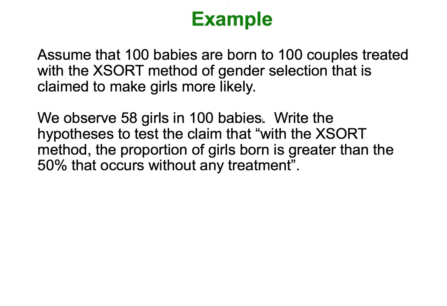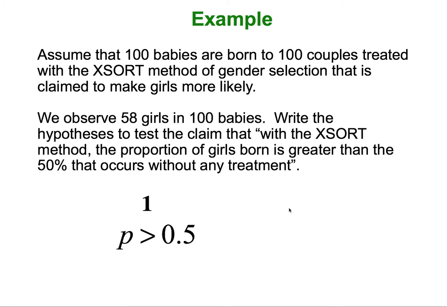And so the claim is that with the XORT method, the proportion of girls born is greater than the 50% that occurs without any treatment. So that's step 1, to write this claim as a proportion.